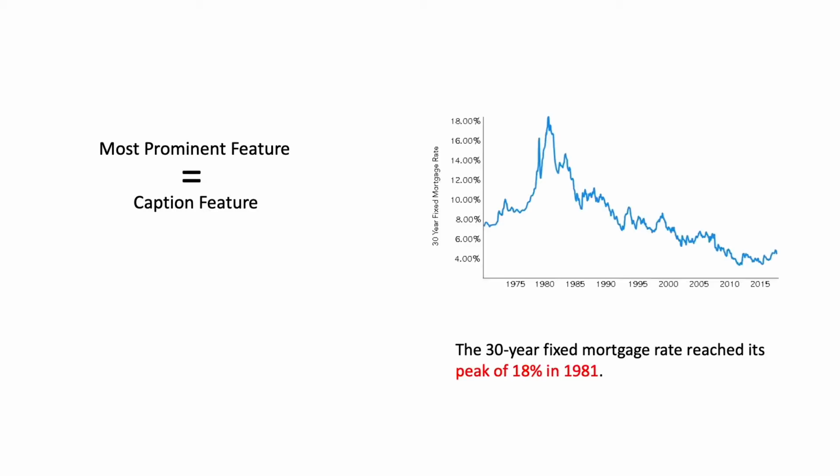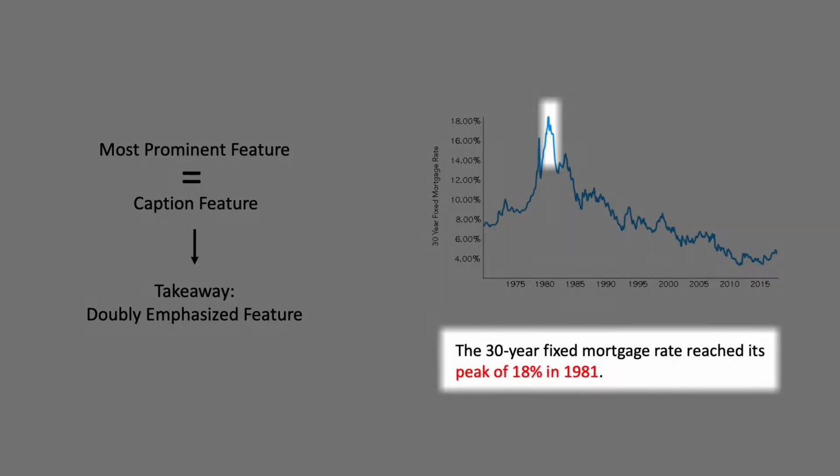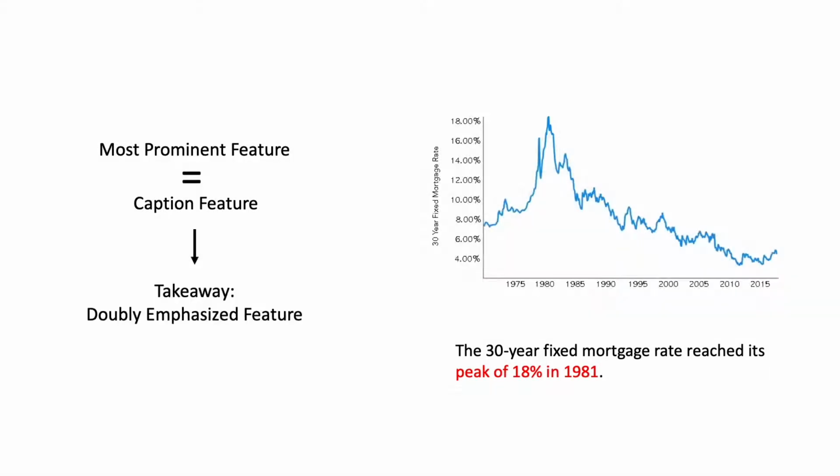Here are our results. When the caption describes the most visually prominent chart feature, like in our initial example caption that describes the visually prominent peak, the takeaways tend to mention the feature doubly emphasized by the chart and its caption. So in our example, people tend to focus on the peak, which is both the most visually prominent and the feature described in the caption.